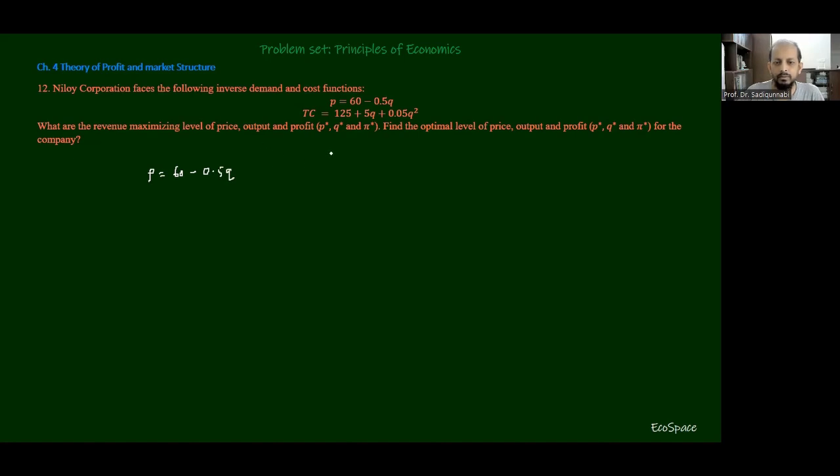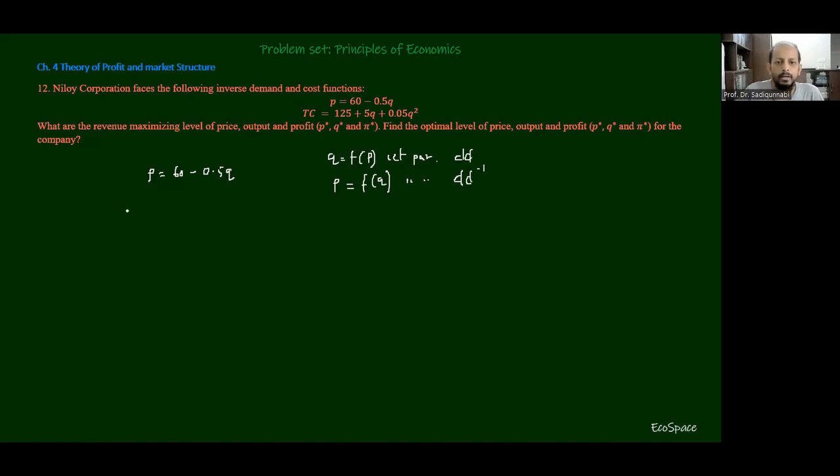Because we know the demand function is Q as a function of P, but the inverse demand function is P as a function of Q, which is the demand function inverse.